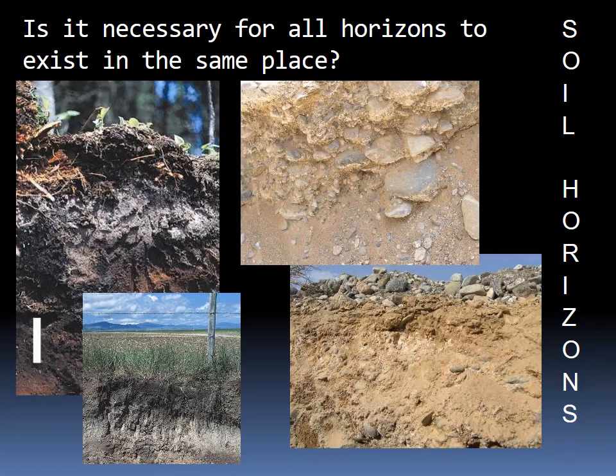But you might find in Oman, for example, A, B, C, and R. Even in some of the humid areas, like in many European countries, you might not find O horizon. Why? Because if you have just grass at the surface instead of forest, you don't have that huge mass of plant. You would have A horizon, then maybe B, and then C, and then R. You might not even find E. So again, the answer to this question depends on the situation.